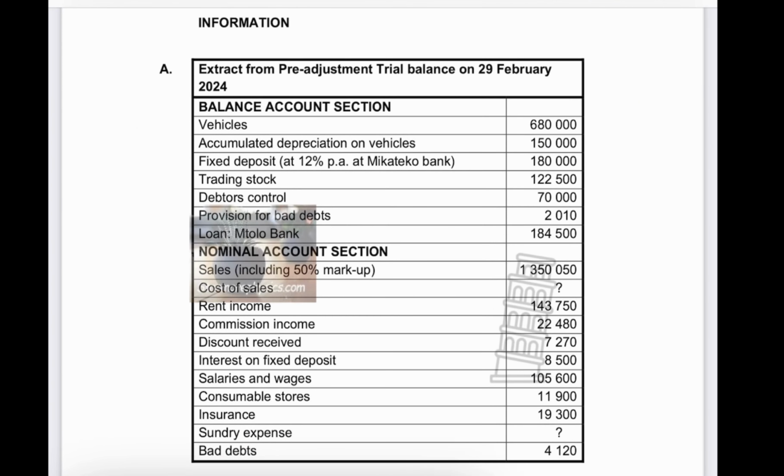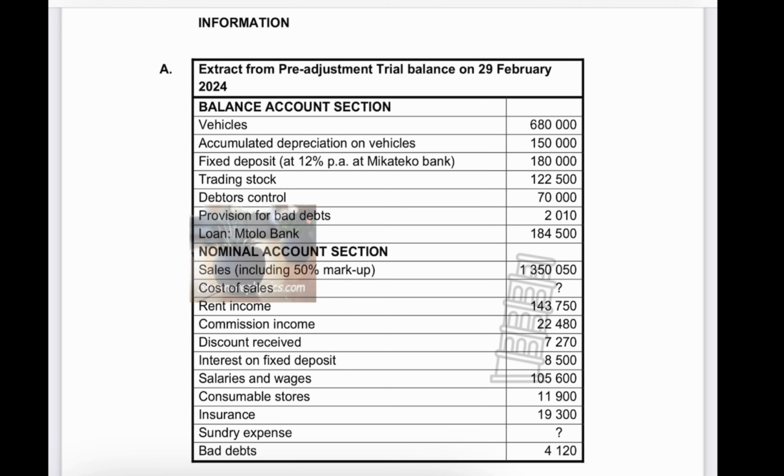Information A is an extract from the pre-adjusted trial balance on the 29th of February 2024. What you need to know is that the information you find in the pre-adjustment trial balance is all the amounts that are not yet finalized.